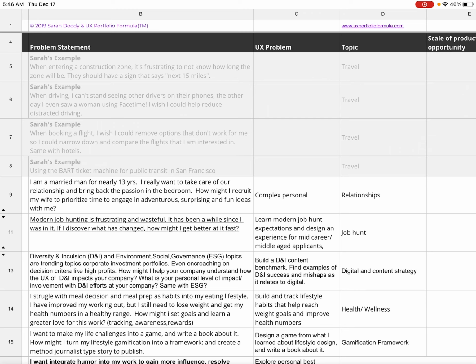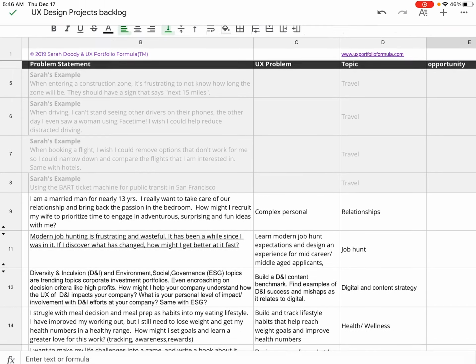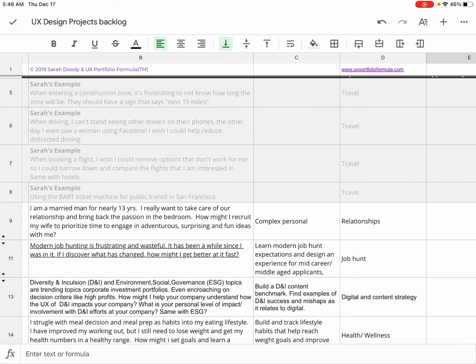Overall, this would be like a business idea, because you could take this idea and say, how do I help husbands to be better husbands for their wives as far as bonding, however you would clearly say that. That's something that husbands want to do, and it's an experience they probably have problems with. So I can take that and make a whole suite of products and services to solve that problem.